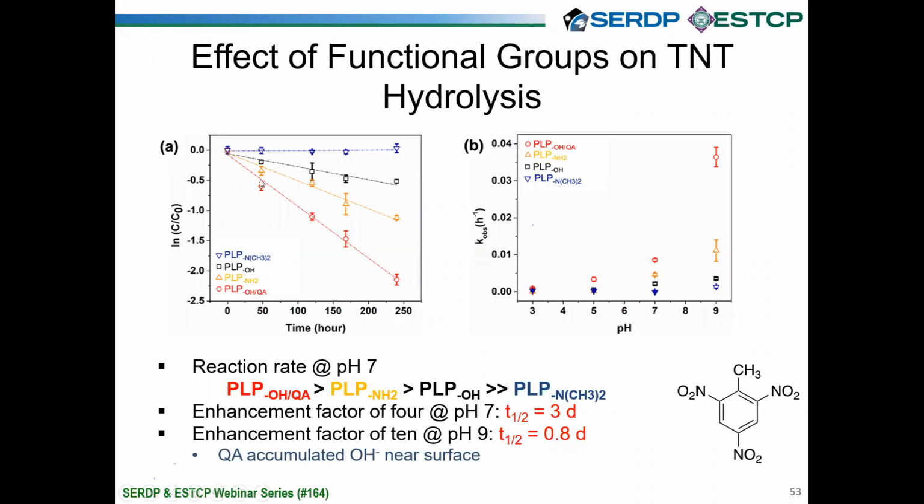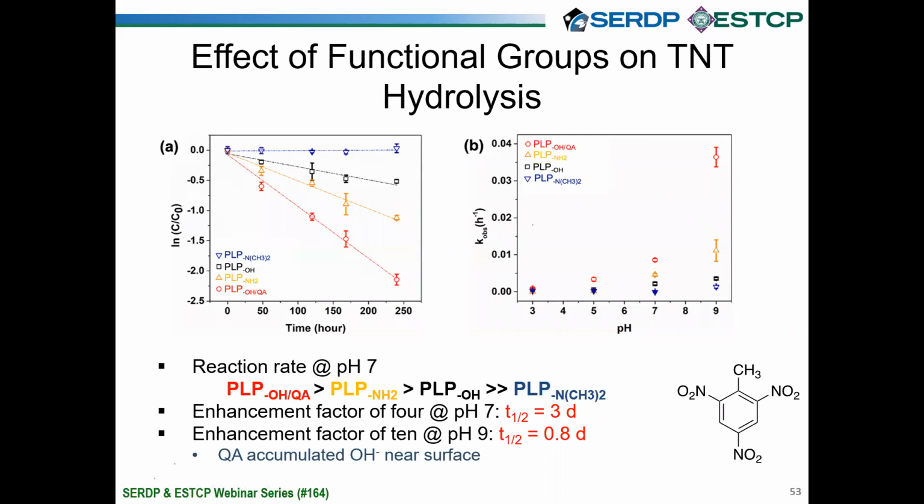The slope here represents the rate constants. As you can see, the fastest is the PLP with OH and QA group, followed by the NH2 group, followed by the OH group, and the tertiary amine group showed very little effect.